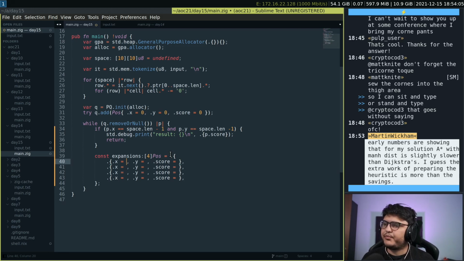I'm gonna do position. So up above is same x, lower y, right? So I'm gonna do y minus modulo 1, and score is going to be my score plus the score at that cell.